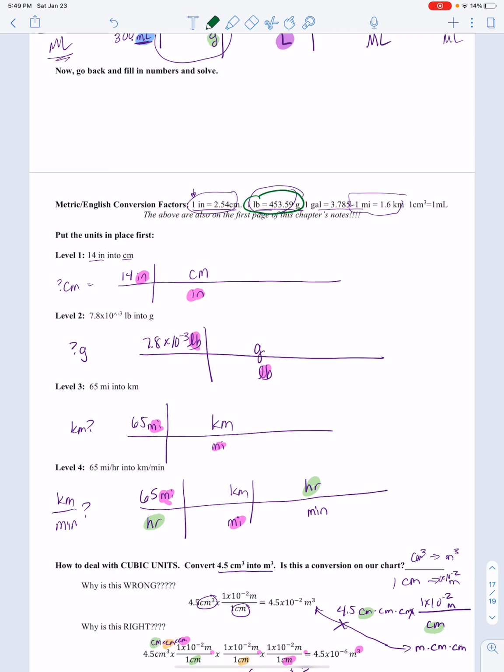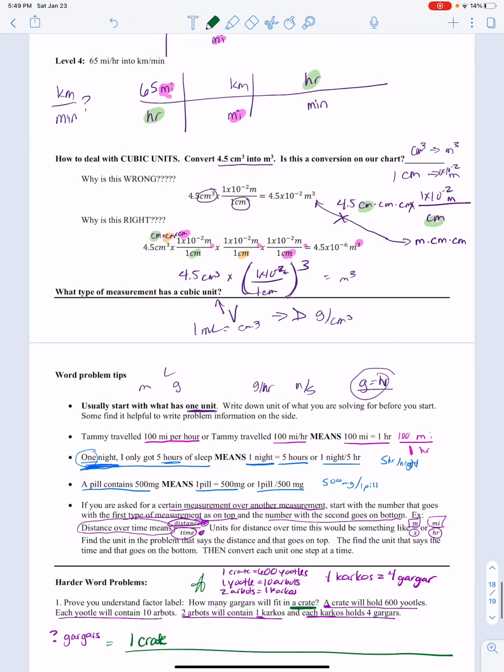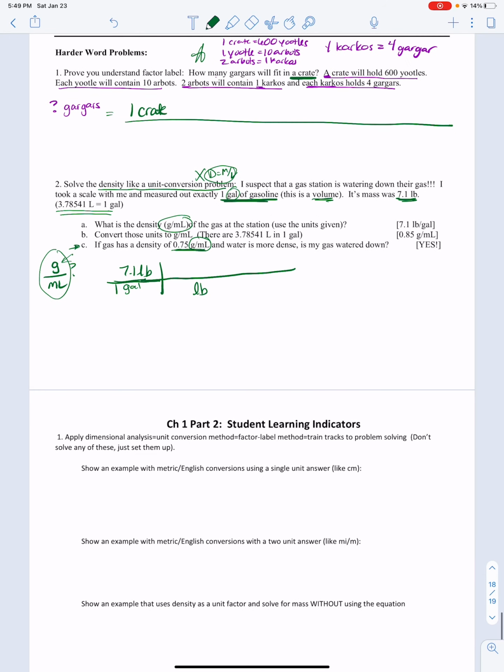A pound is equal to 453.59 grams. So you can go back and put that number in. So notice I've gotten rid of pounds, and I'm at my grams, so I'm good on top.